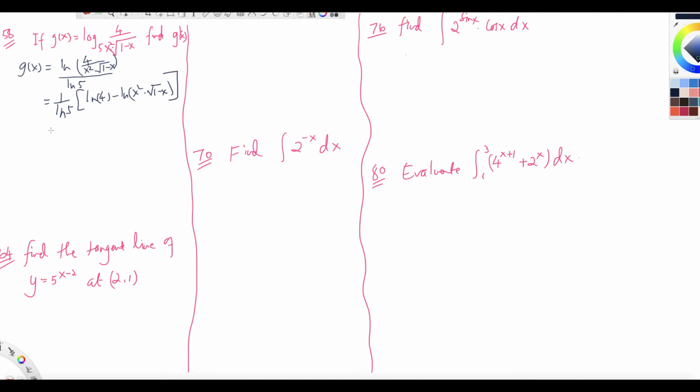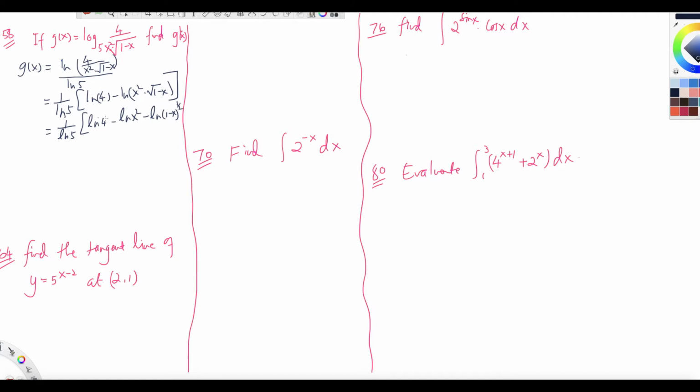Now, I haven't found the derivative. I'm just simplifying. There is ln 4 minus the log of a product, so you can write the sum of the logs, but there is a minus sign. So ln x squared, and then minus ln of 1 minus x to the 1/2, because root means exponent 1/2.